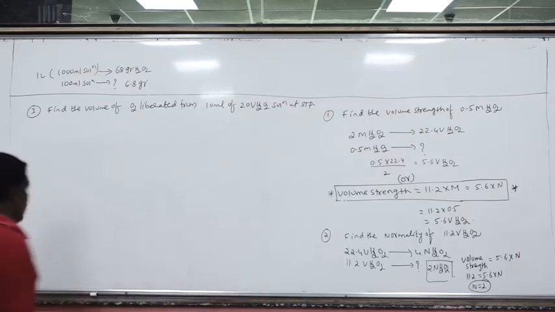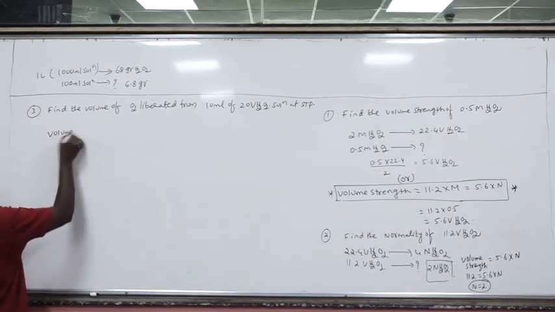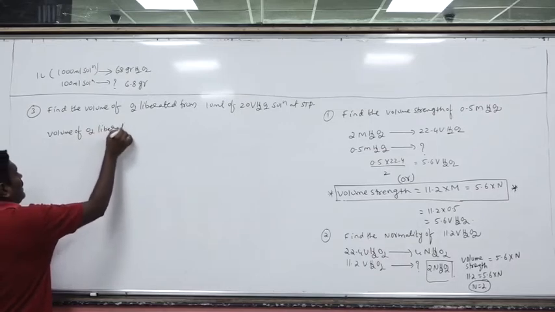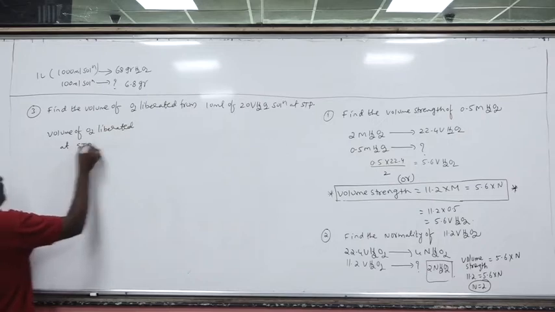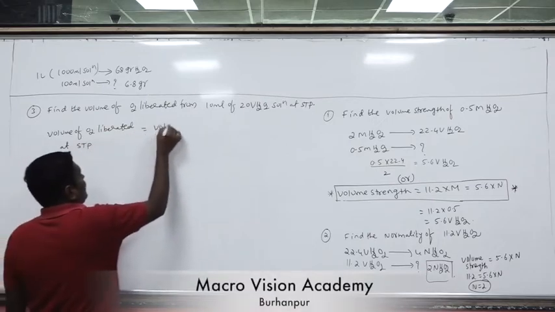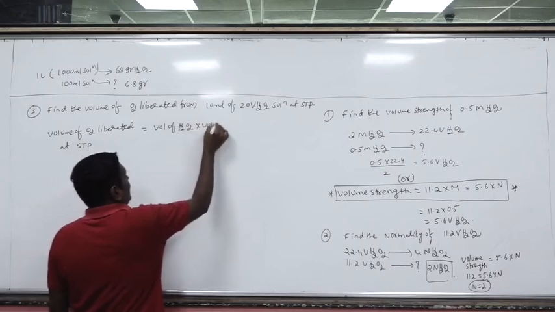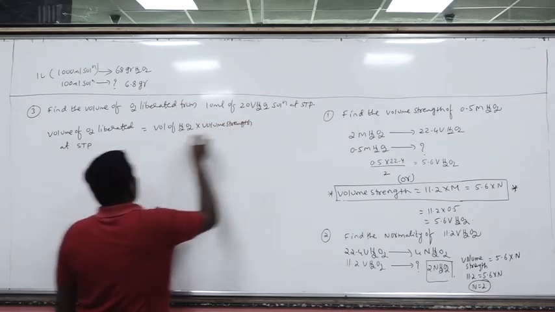Now here we know one direct formula is there. What is the volume of O2 liberated at standard temperature and pressure? That is volume of hydrogen peroxide multiplied by volume strength.